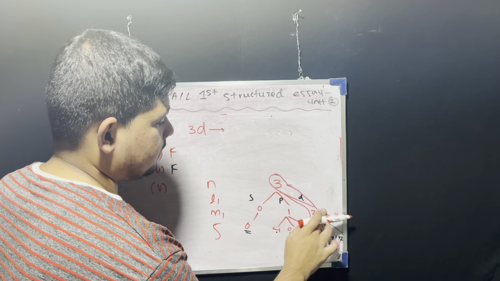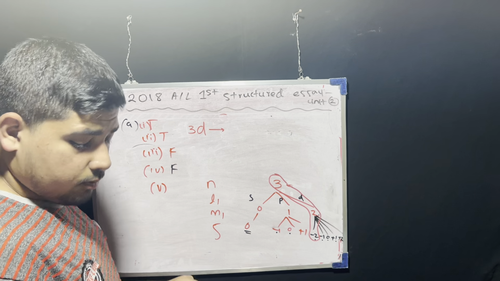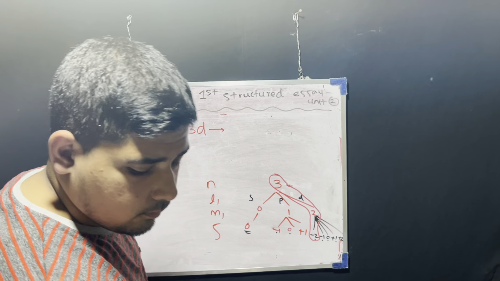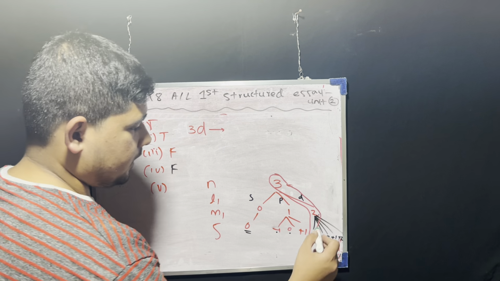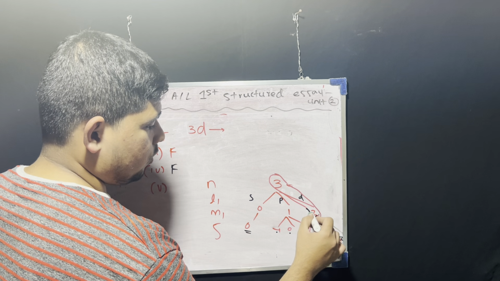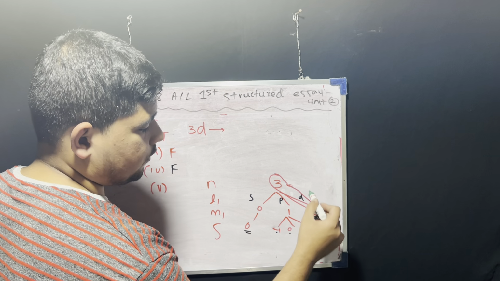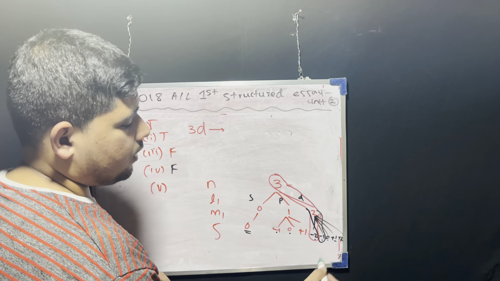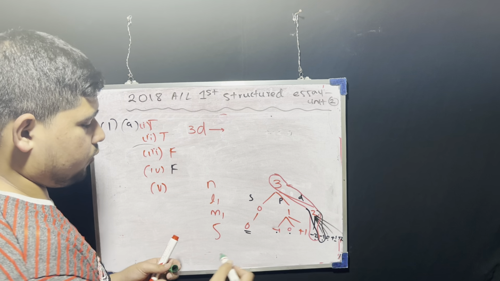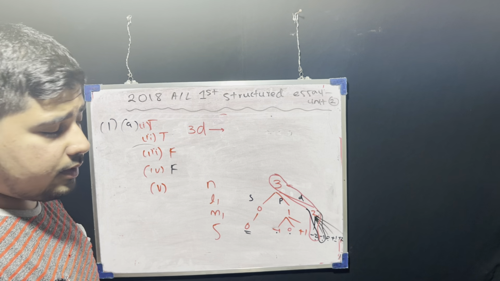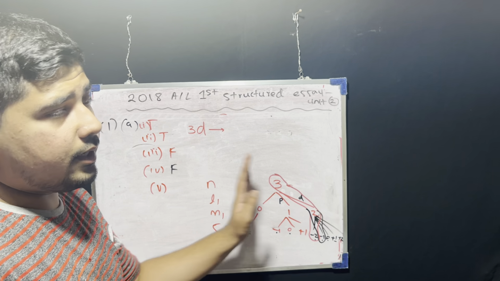And then 3, 2, -1. After that, 3, 2, 0. 3, 2, +1. 3, 2, +2. Then only I can say I have named all the 3D atomic orbitals.